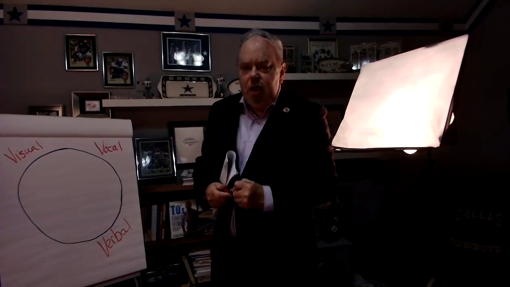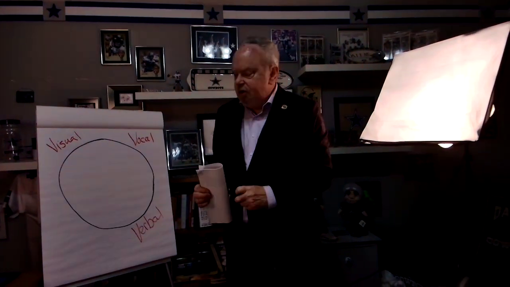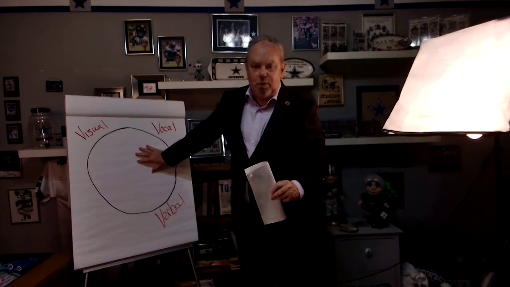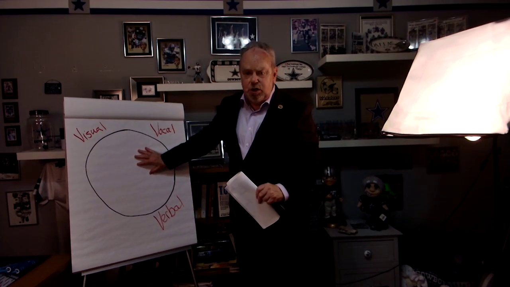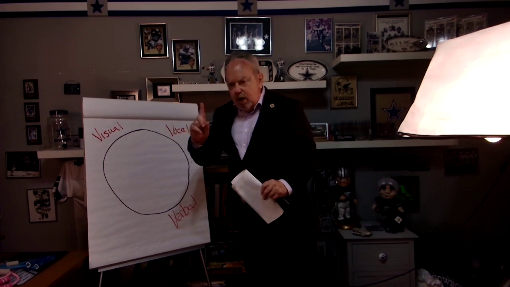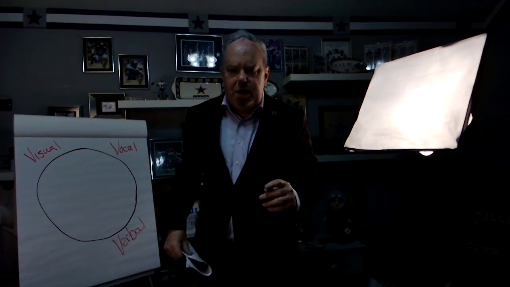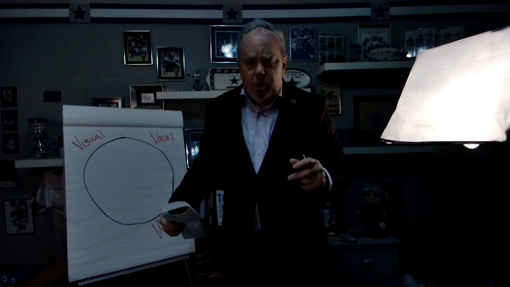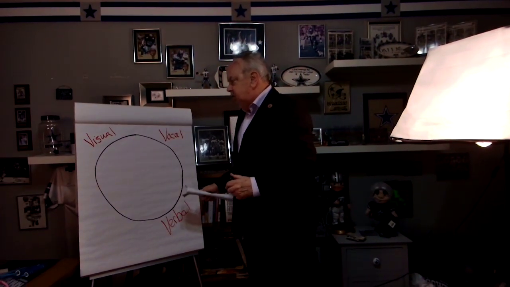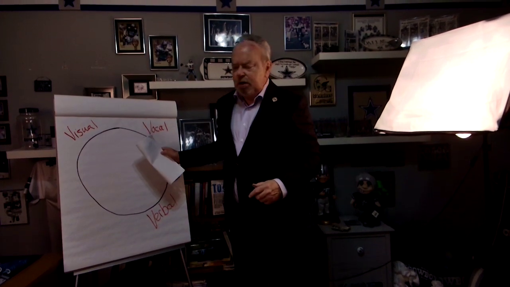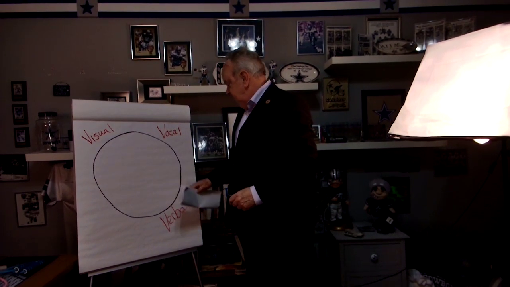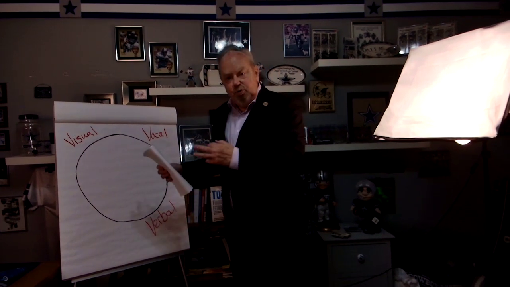Now, if you imagine this circle, well, I guess it's not quite a circle, but I did ask you to use your imagination. If you view this circle as comprising 100% of your message, I want you to think about how you would divide these 3 components up to 100%. So is it 33%, 33%, 33%? 50%, 25, 25?